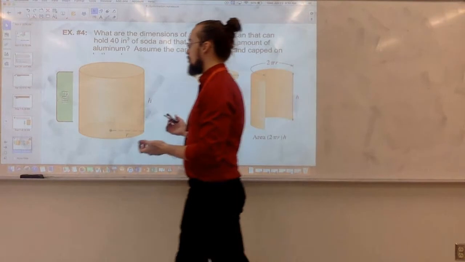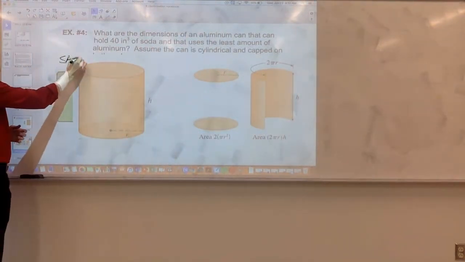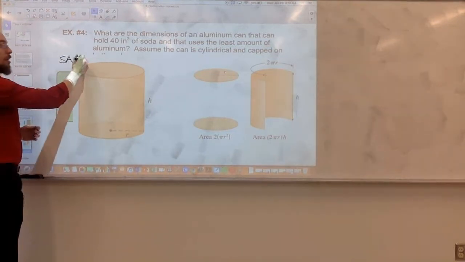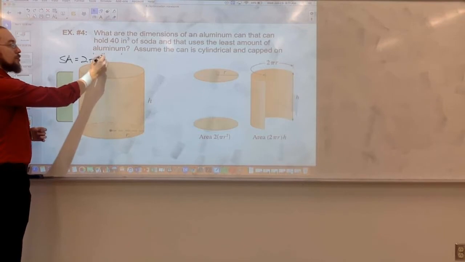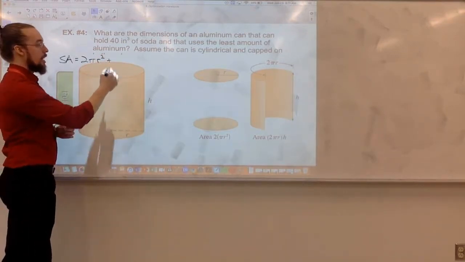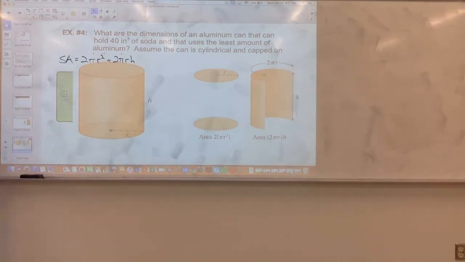So my surface area, which is what I'm going to try to minimize, because I'm trying to minimize the amount of aluminum, is the top and the bottom, so 2 pi r squared, plus the sides, the lateral area, so 2 pi r h.